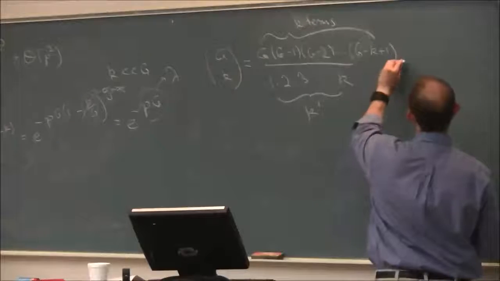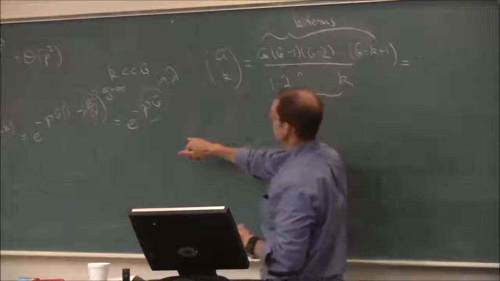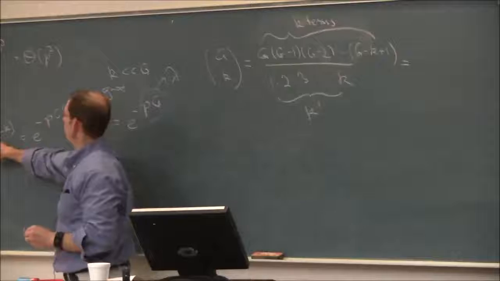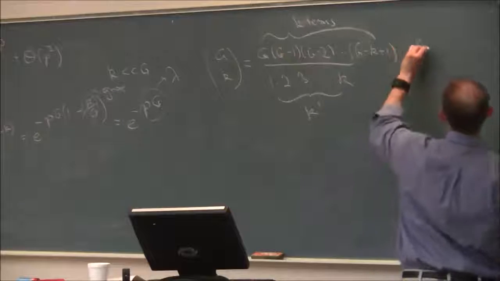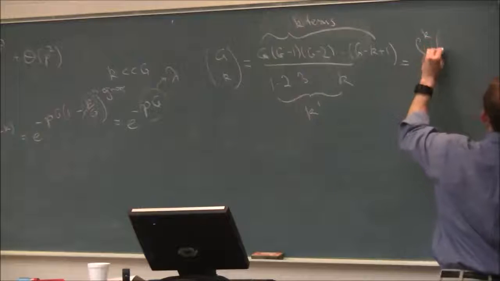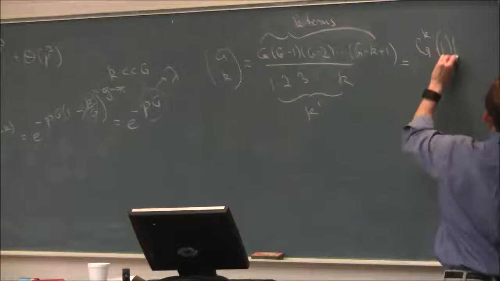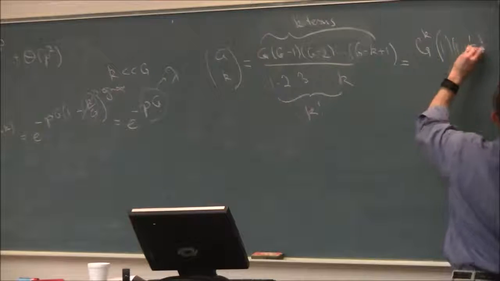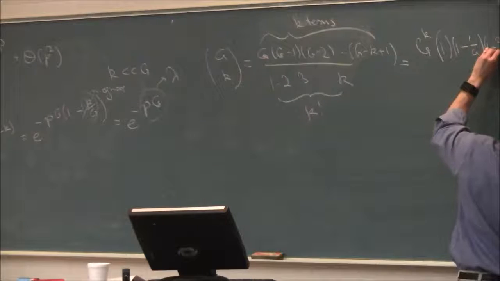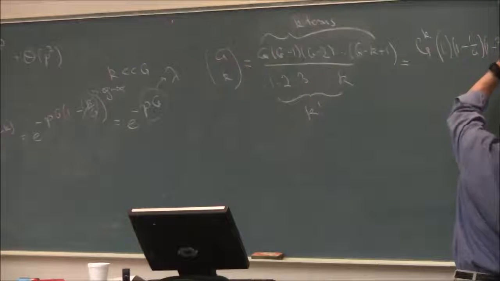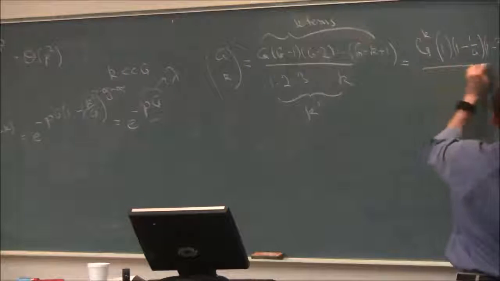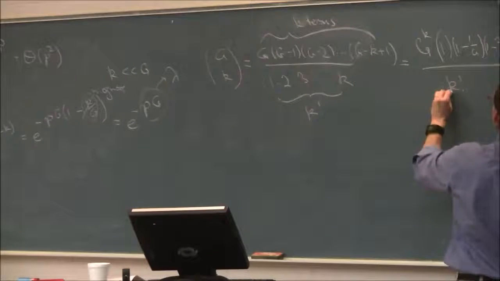And then what we're going to do is the same way that we factored this factor of g out of here, we'll factor the factor of g out of all of these. So this is going to be g to the k times 1 minus 1 over g times 1 minus 2 over g times all the way to 1 minus k minus 1 over g, and then k factorial.